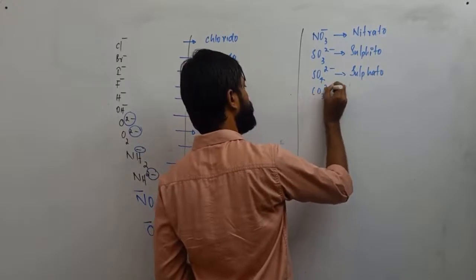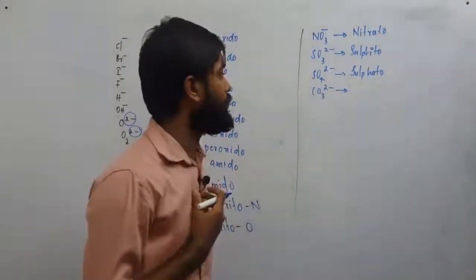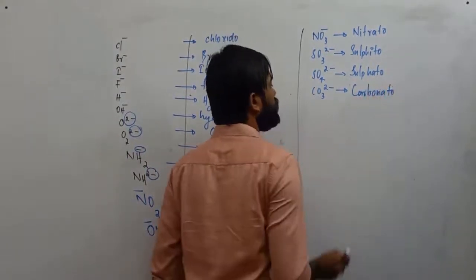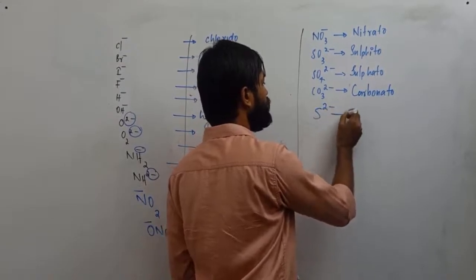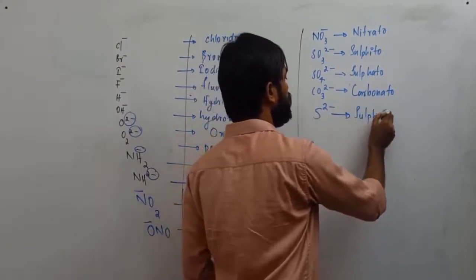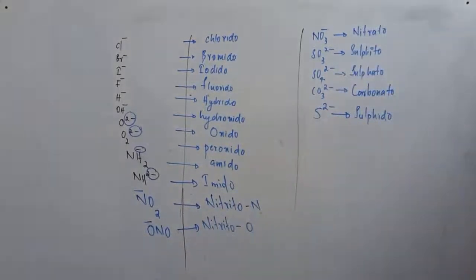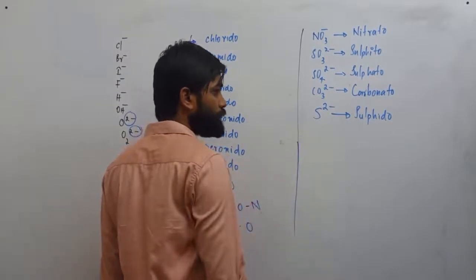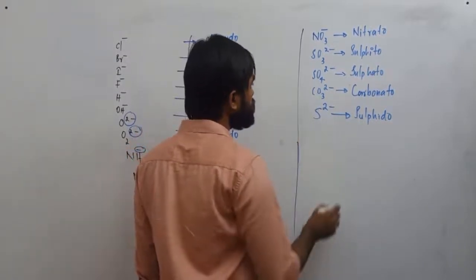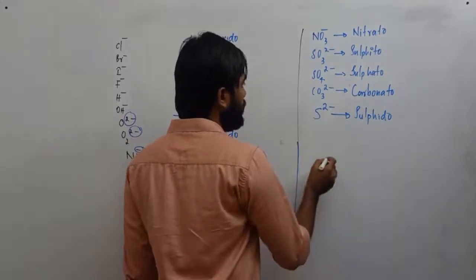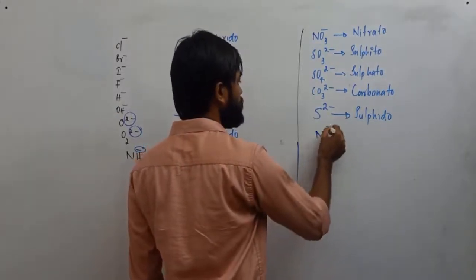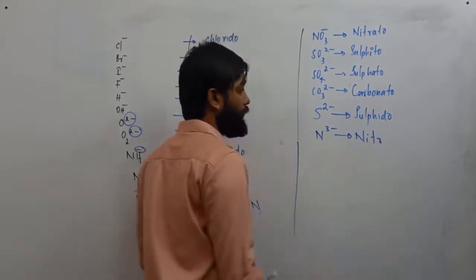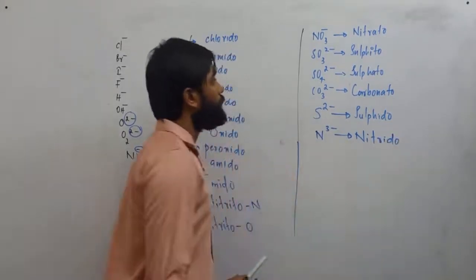CO3 2 minus, carbonate, becomes carbonato. S2 minus, sulfide, becomes sulfido. Next, N3 minus, nitride ion, nitrido.